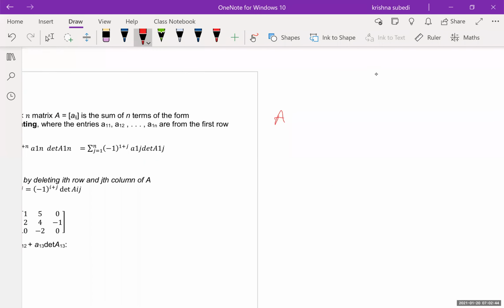Suppose I have a matrix A. Let me consider a 3 by 3 matrix. So the first one is a_11, the first row, first column.